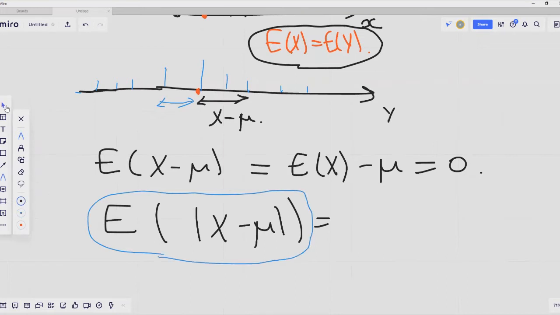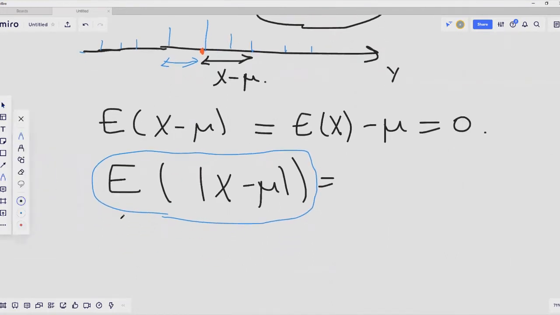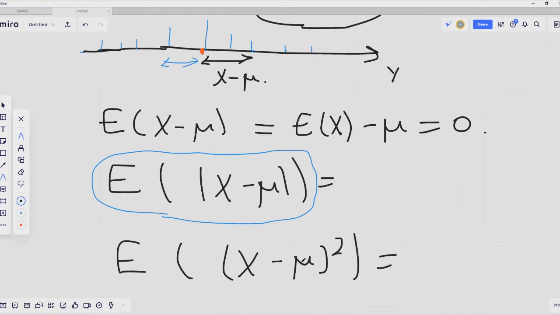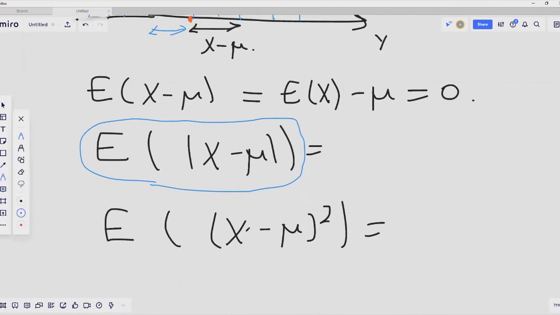However, from a mathematical point of view, it's much more convenient to work with the expected value of those squared differences, since the absolute value function is not differentiable, and it's much more convenient to work with the expected value of squared deviations.